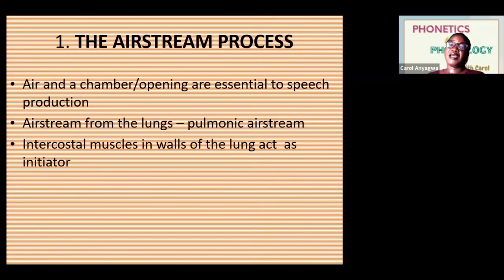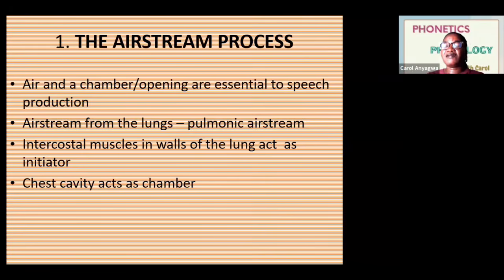This air is housed in the chest cavity where the intercostal muscles of the walls of the lung act as an initiator. What do these muscles do? They contract to release the air to the atmosphere, and they expand to draw in, to fill up once again and pull in air. And this is a continuous process, okay?